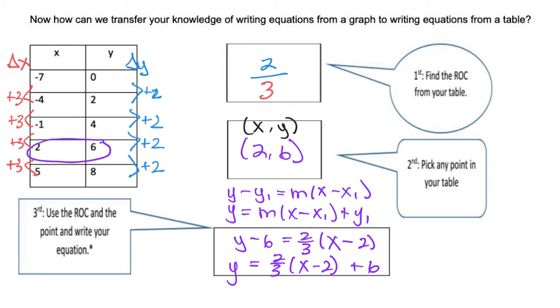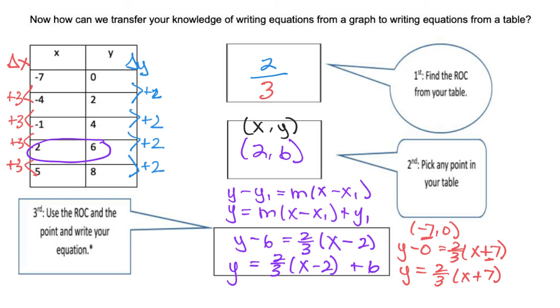Again, if we chose a different point, so let's say I chose the point (-7, 0), that top point, I would have y minus 0 equals 2/3, and then I'd have x minus the -7, which is the same thing as adding 7, because remember, these should be opposites. And if I use the other form, actually nothing really changes much, because if I add that 0 to the other side, it doesn't change.